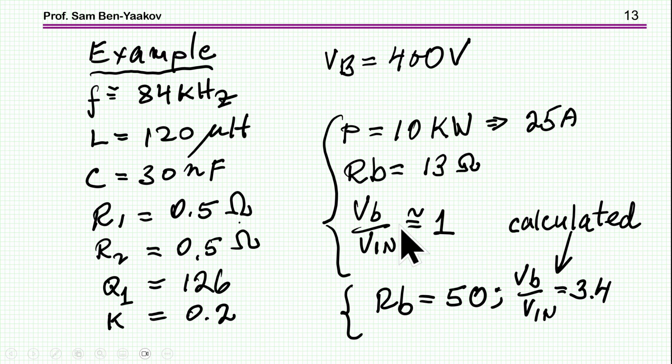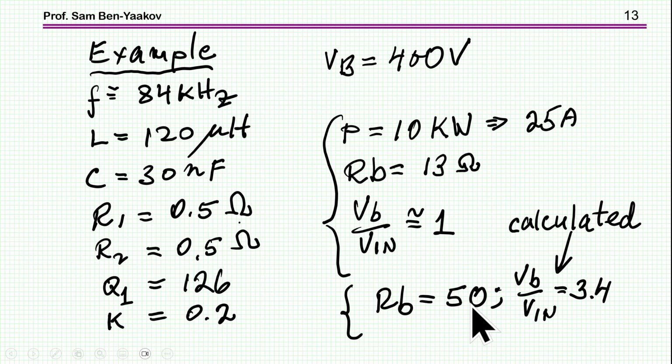And let's assume in this example that I want a ratio of 1 between the battery voltage and the input voltage. Okay, 400 volt output and a power supply of 400 volt at the input. So I'm going to show a simulation of this case, and also a simulation of another case in which I'm assuming that RB now is 50.